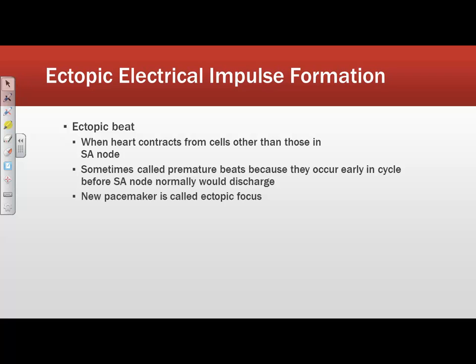P wave. Okay? Now that's not the only type of ectopic foci, but that is one that's probably the easiest to understand. What's happening there is that a pacemaker cell in the ventricle has decided it needs to fire. It is being acted on by an outside stimulus, and it needs to fire. So it's firing in between. All right?